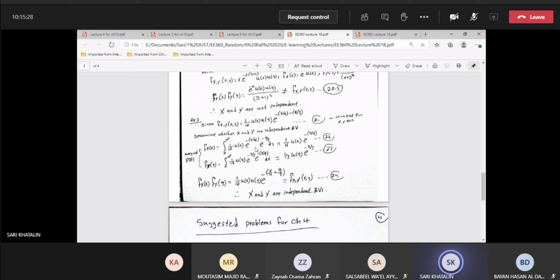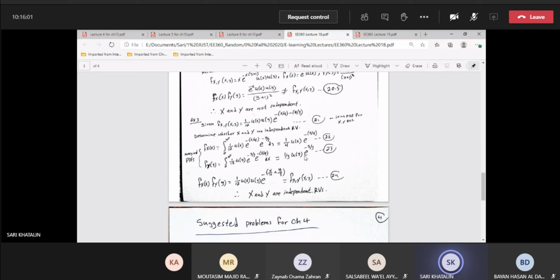You take the integration of the joint PDF, where we have unit steps u of x and u of y, with respect to y, and that would be the marginal PDF of x, and this is the marginal PDF of y. We do the integration like we learned last time. So these are the end results, 22 and 23. Okay.